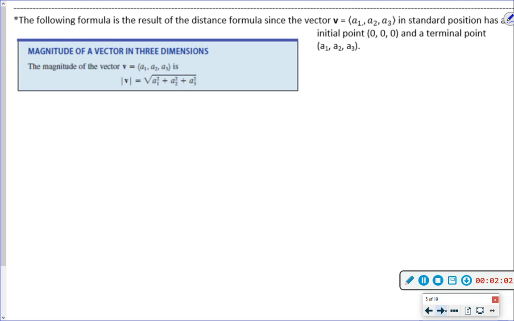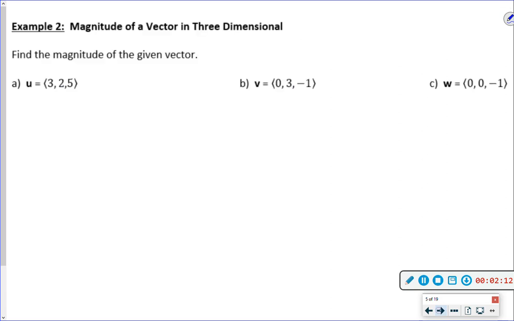Easy enough. Next up, magnitude. Magnitude is the same calculation basically as our 2-dimensional vector, except you have the third value. But it's still like that Pythagorean theorem. You're going to square root the squares. So find the magnitude. I'm going to do 3 squared, 2 squared, 5 squared. You might need your calculator for that, or 9 plus 4 plus 25.